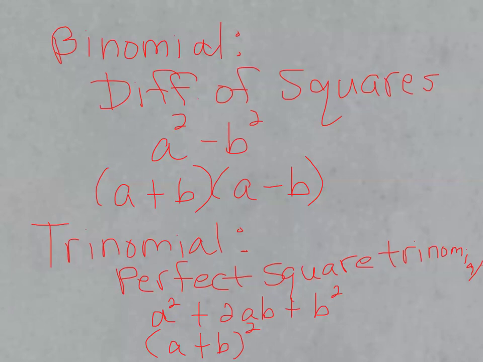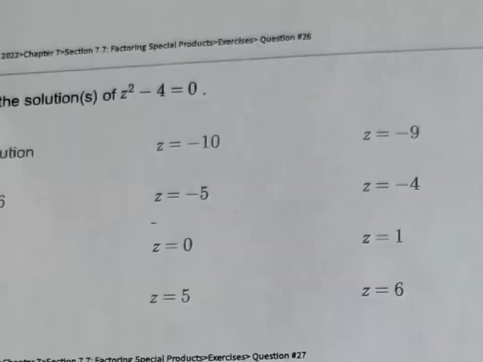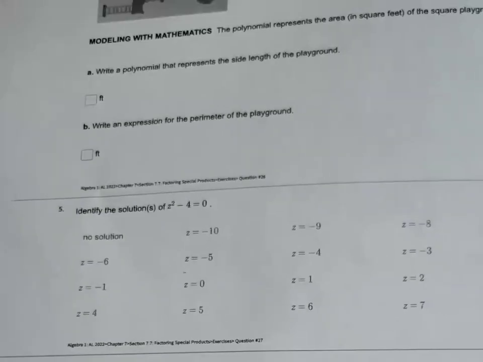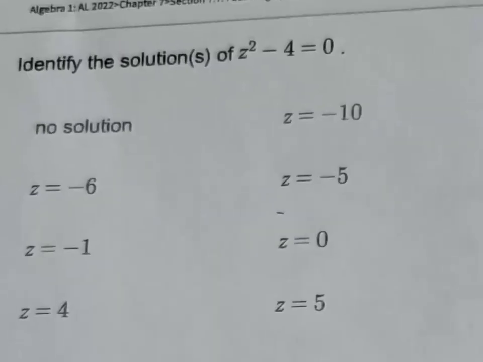Okay, so this one is a binomial. So that one's going to be your difference of two perfect squares. Kind of funny, the shorter one to begin with, the binomial, becomes the longer one once you get it factored. So this is going to be z squared minus 2 squared.